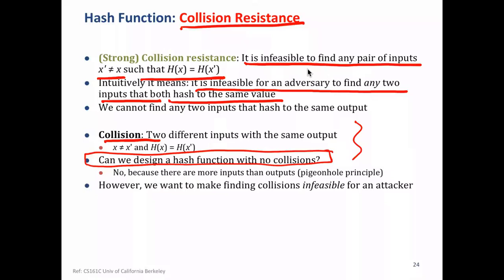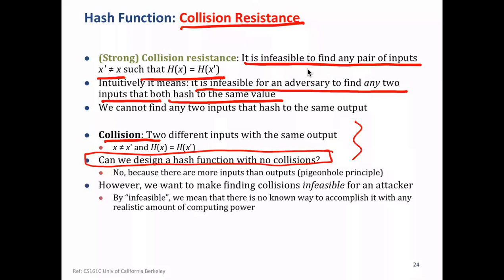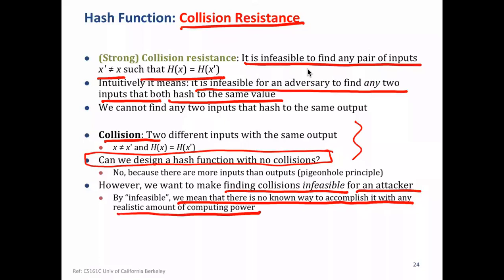The only question is to design the hash function in such a way that it's very difficult for an adversary to find those. So we want to make finding a collision infeasible for an attacker. Infeasible means that there is no way to accomplish this with any realistic amount of computing power. Of course, if the adversary has, say, millions of years to do that, that's not a feasible thing, right? So a lot of collisions do exist, but it's hard to find any.